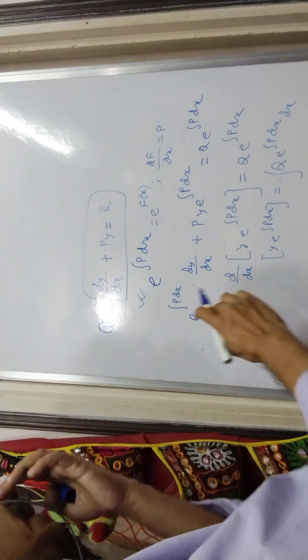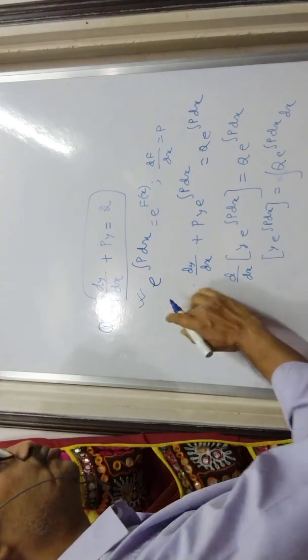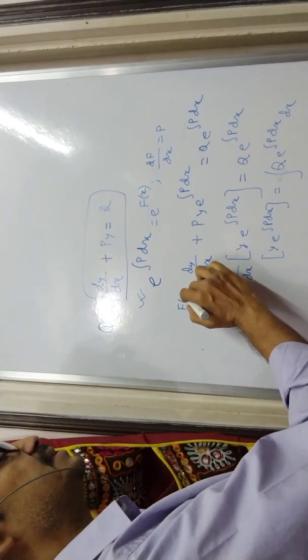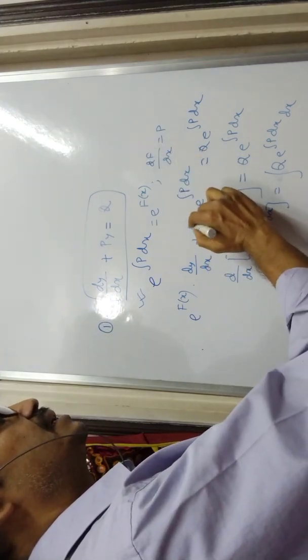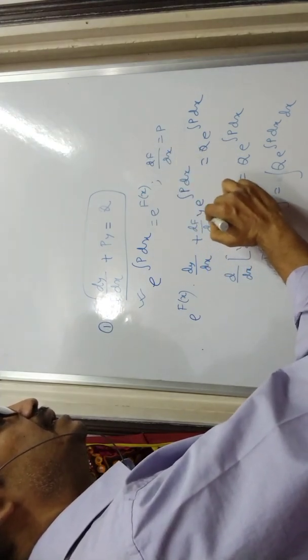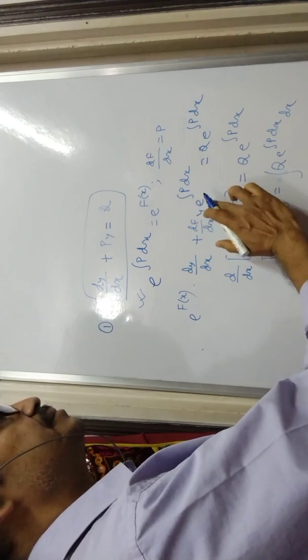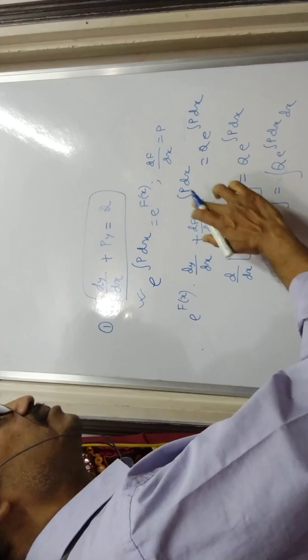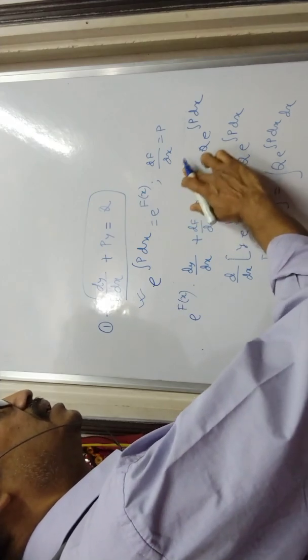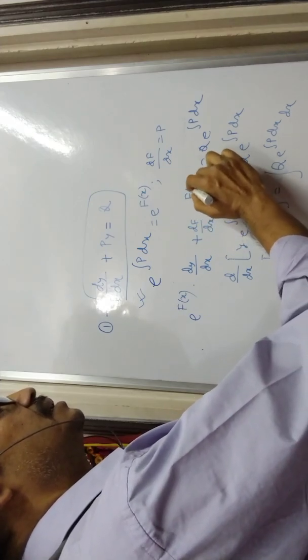So we write it as e to the power fx plus, where p is replaced by df dx. So it becomes this.